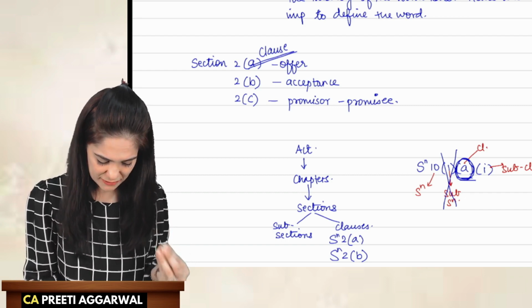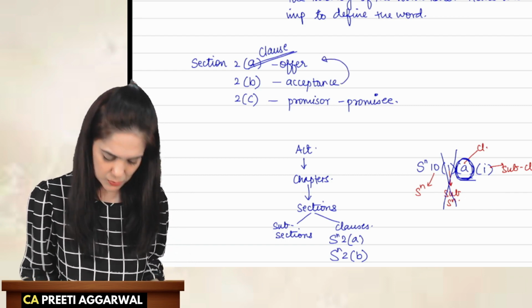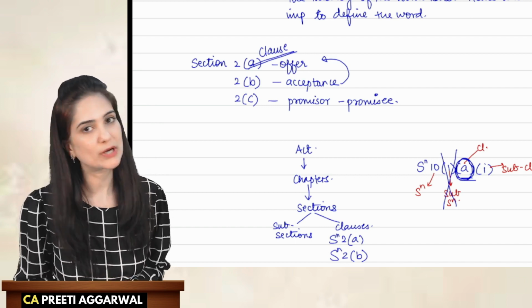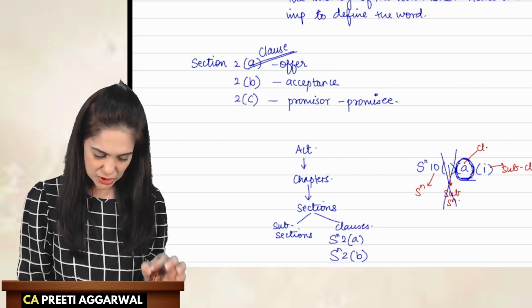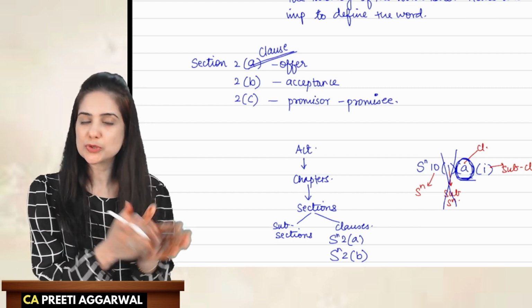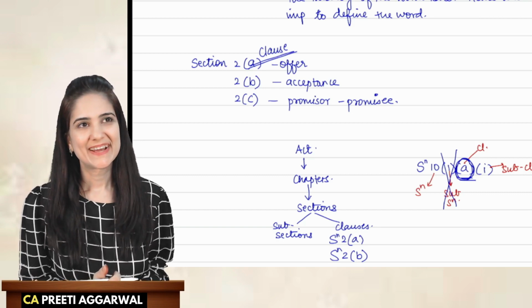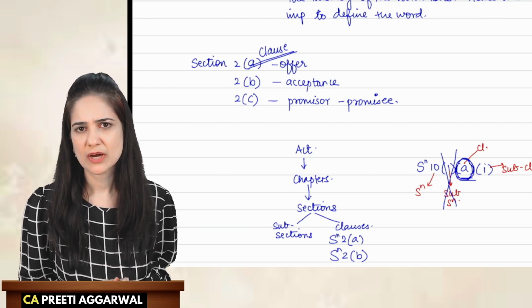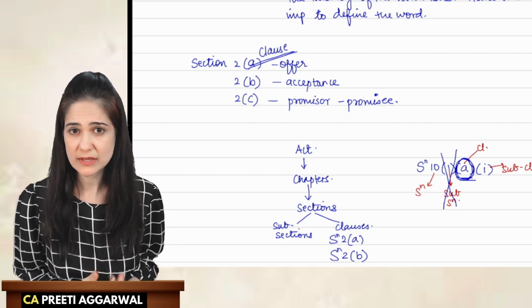Each definition is different. That is why we use a clause. This is not connected to the previous one. That is why we use a clause and not a subsection. So in definitions, especially, section 2 is always followed by a clause. Clause means it is a definition, right? It's unique, right?